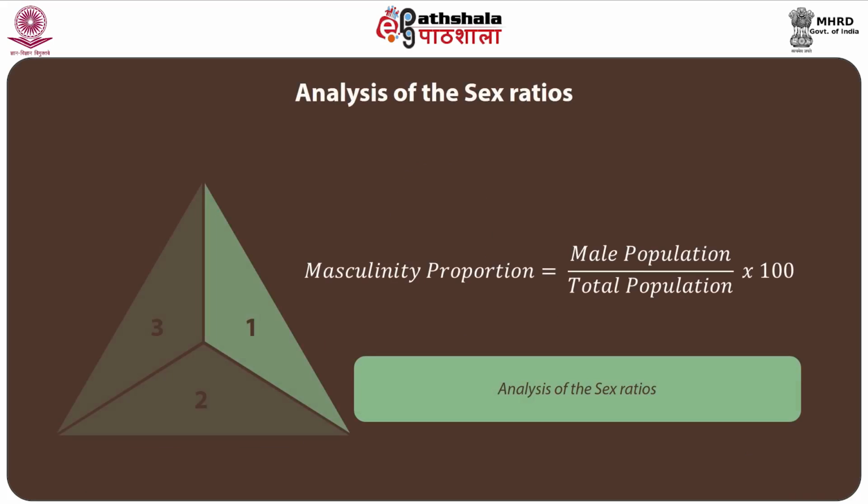Similarly, masculinity proportions are used to compare the sex distribution in the census and surveys. The masculinity proportion is simply the male population divided by the total population times 100. It simply means the proportion of males in the total population.